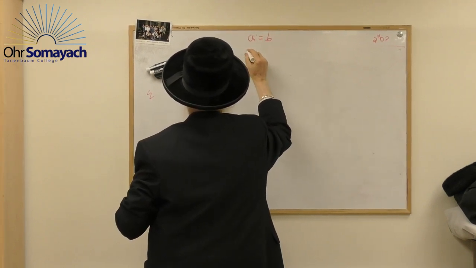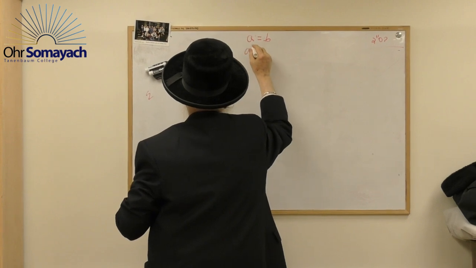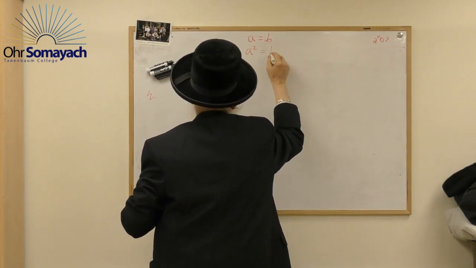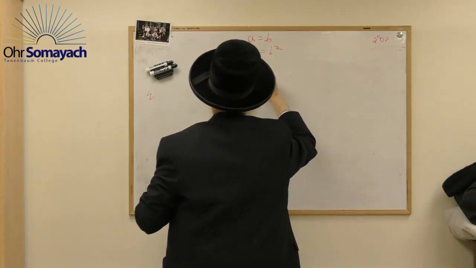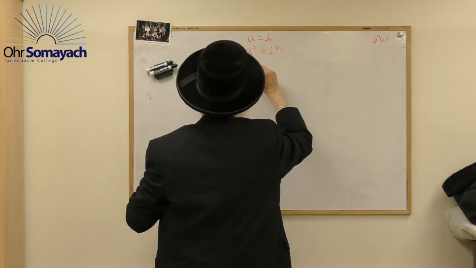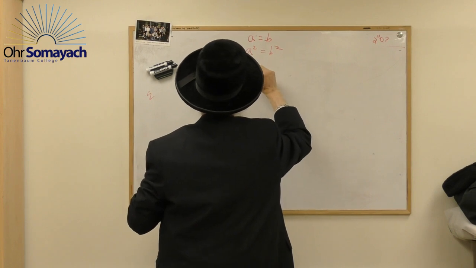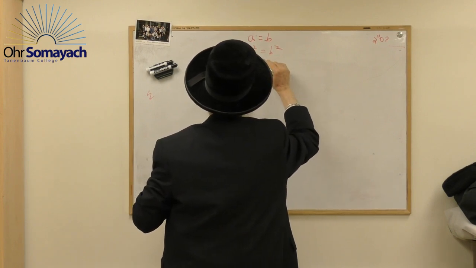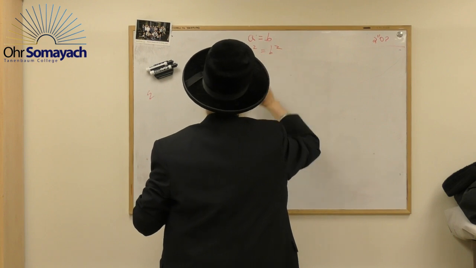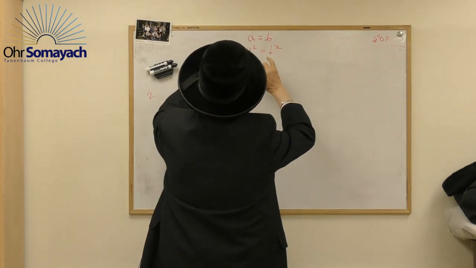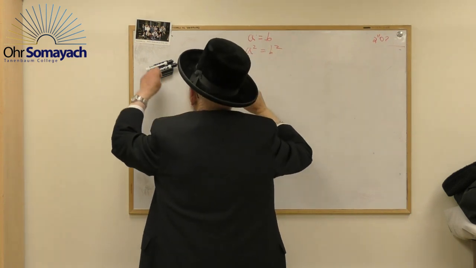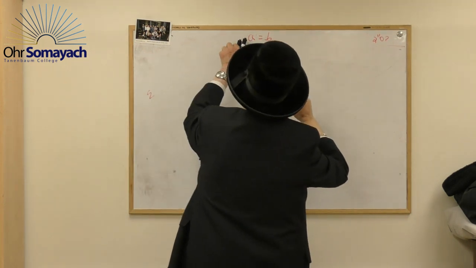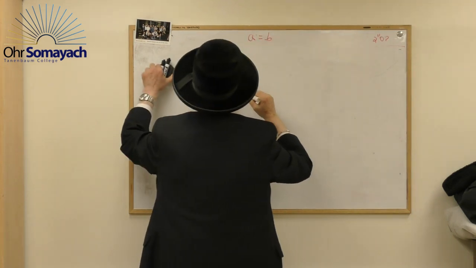Then you square both sides. You have A squared equals B squared.